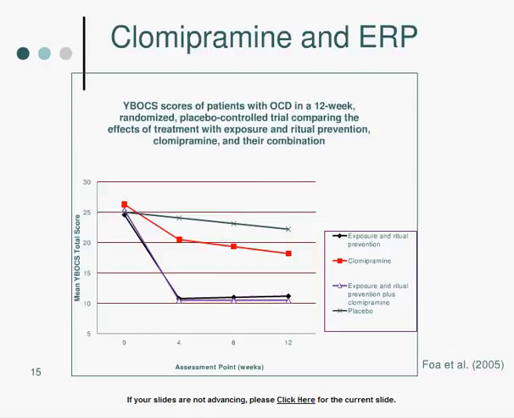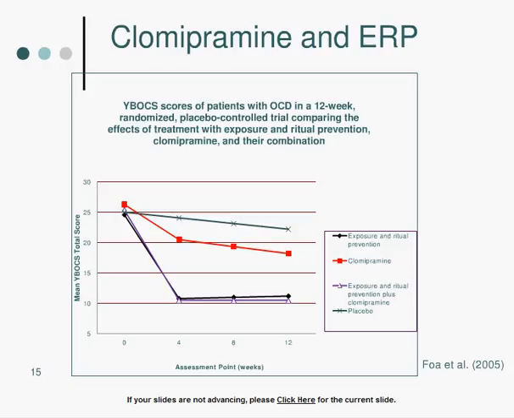So now I want to show you a slide on the outcome of exposure and response prevention as compared to other treatments. And what you can see here is a measure of OCD symptom severity. The Y-BOCS is our gold standard measure of OCD symptom severity. And of course, a high score here on this measure means that your OCD is severe.